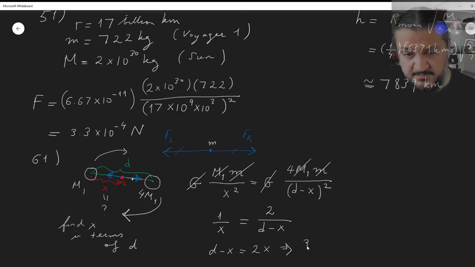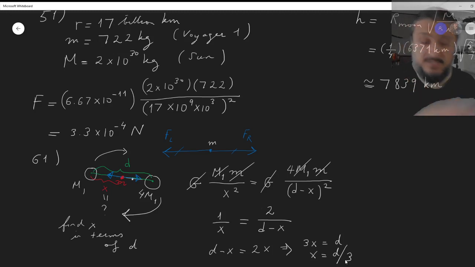Therefore, 3x is equal to d, and x becomes a third of d. Okay, so it's got to be closer to the smaller star because you want the gravitational forces to cancel out. So that's the answer, d over 3.